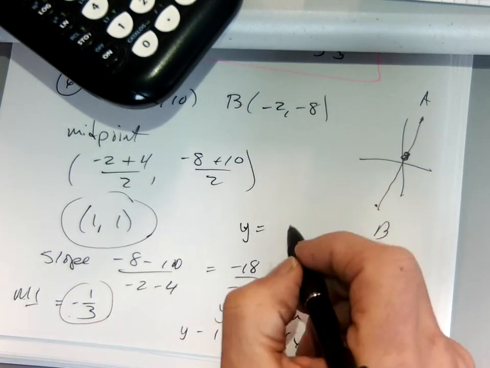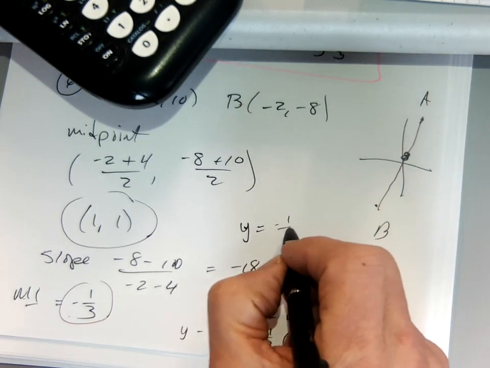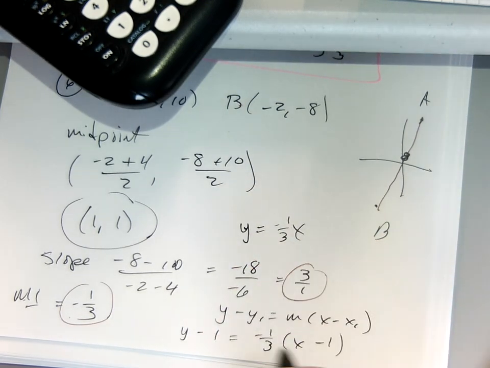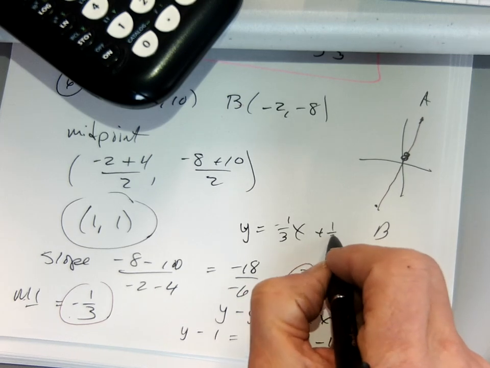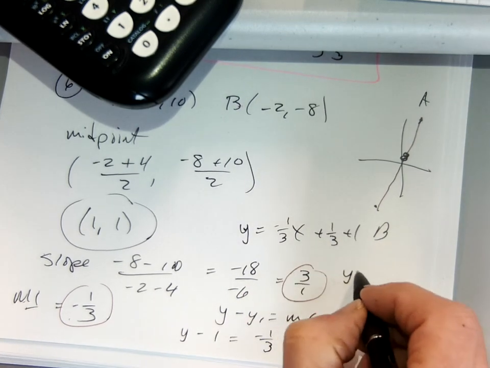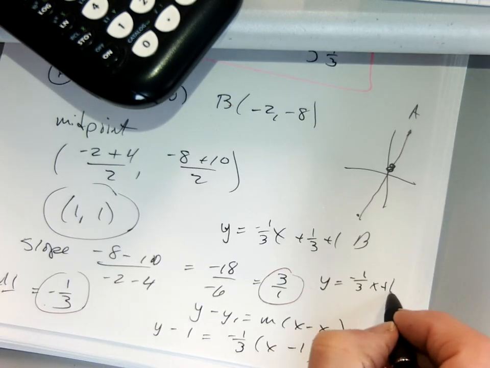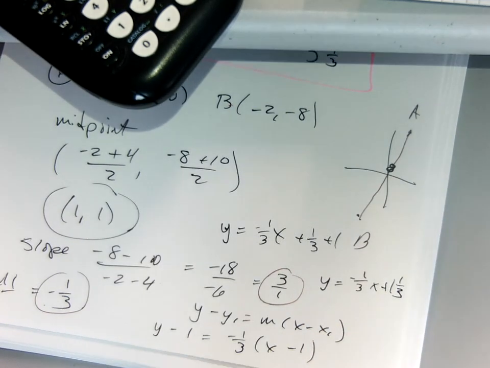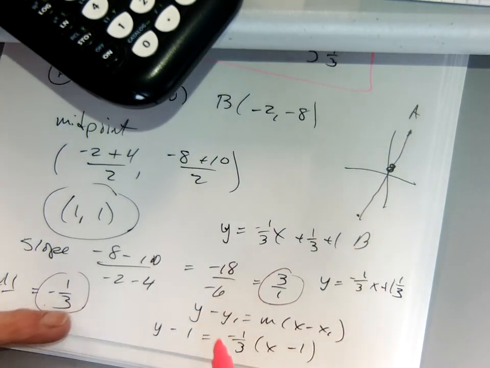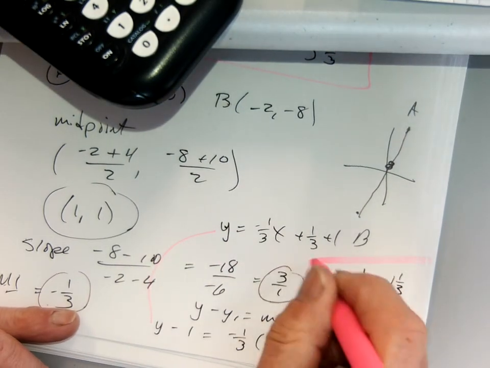We'll bring over the 1, y equals negative 1/3 x, I'll have a positive 1/3 plus 1. Okay, hold on. Y equals a negative 1/3 x plus 4/3, or 1 1/3. Whew! Had to squeeze that in. Kind of hard to see all my work. It goes back up to there.